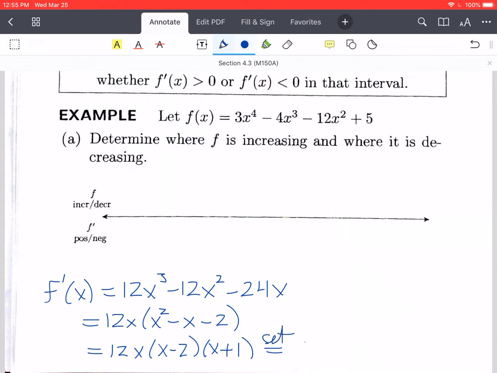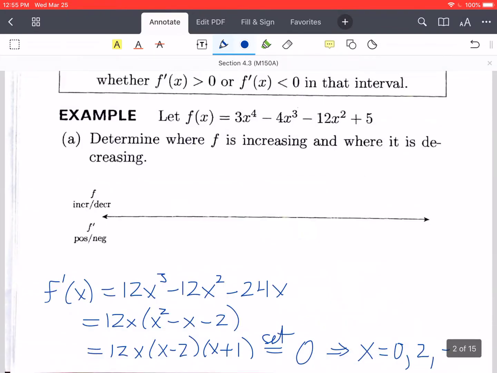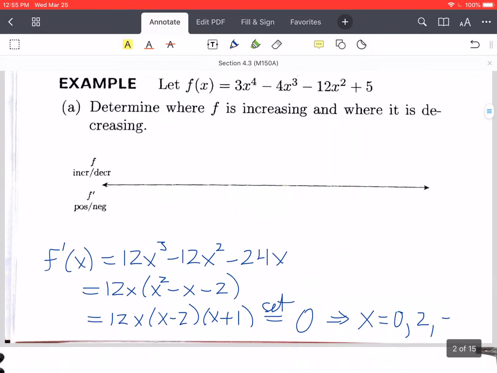And we set that equal to 0. And that's going to give us 3 x values. That gives us x is 0, 2, and negative 1. So 0, 2, and negative 1.